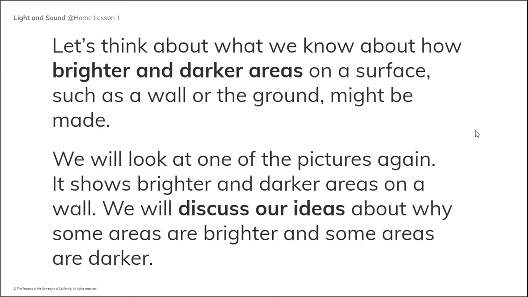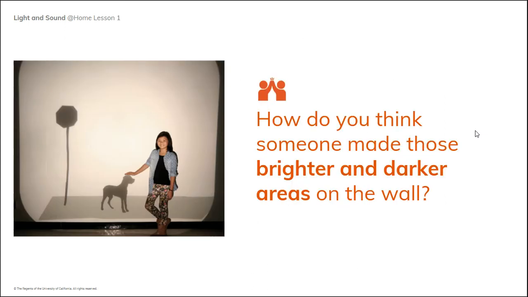So let's think about what we know about how brighter and darker areas on a surface, like the wall or the ground, might be made. We're going to look at one of the pictures again, and it shows a brighter and darker area on a wall. And we're going to discuss some ideas about maybe why part of it is bright and why the other part is dark.